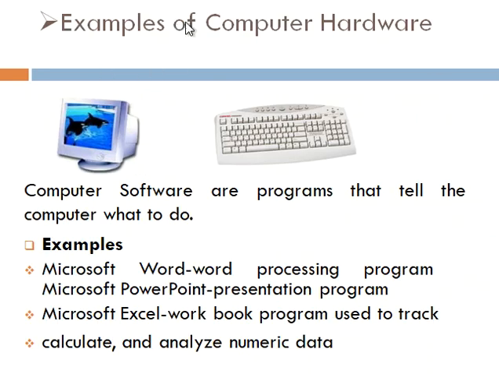Now, examples of computer hardware: as I told earlier, the hardware parts are those we can touch and feel. The monitor and keyboard we can touch and feel, so these are hardware.